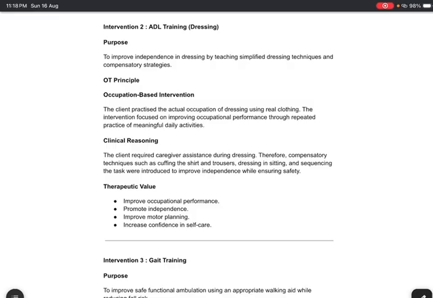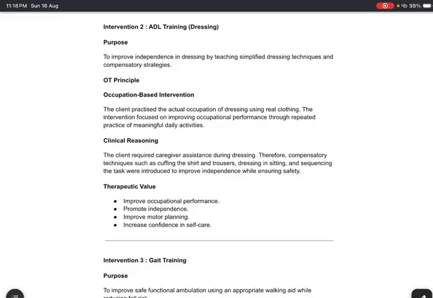He was taught to cuff or roll the pants, lift one leg over the opposite leg to facilitate insertion of the foot and repeat the same technique for the other leg. He then lifted his buttocks one side at a time to pull the pants up and adjust the clothing. The clinical reasoning was that Mr.